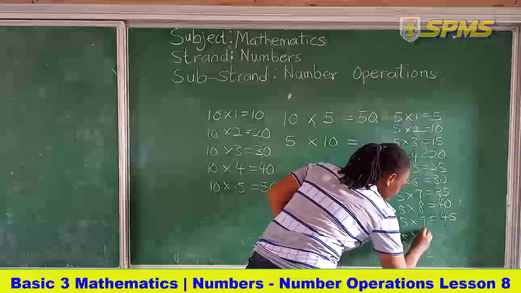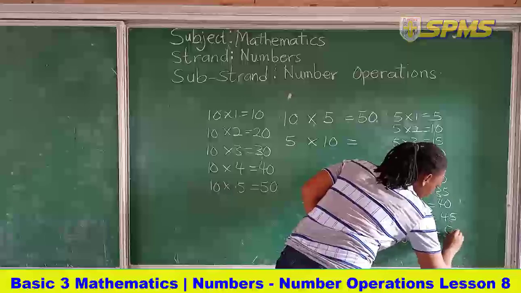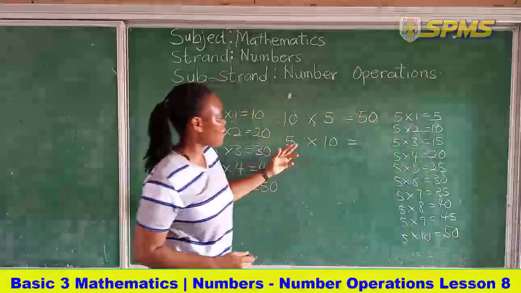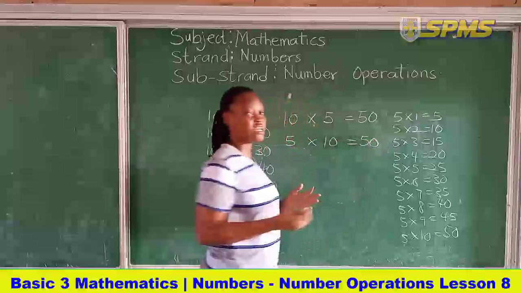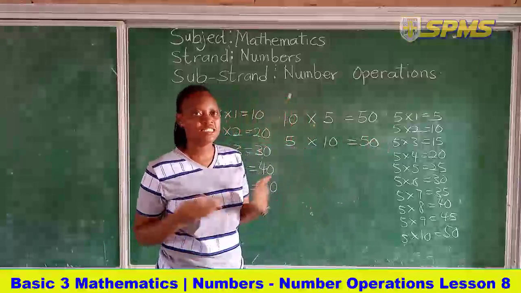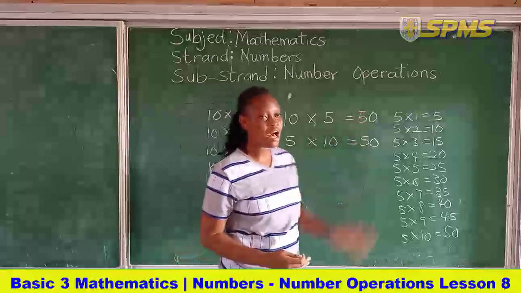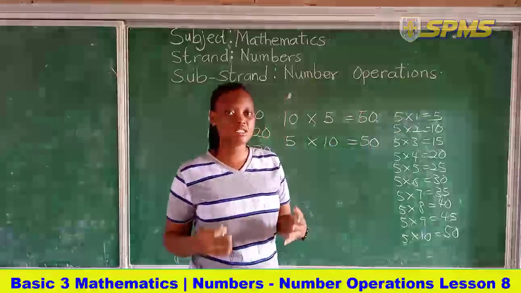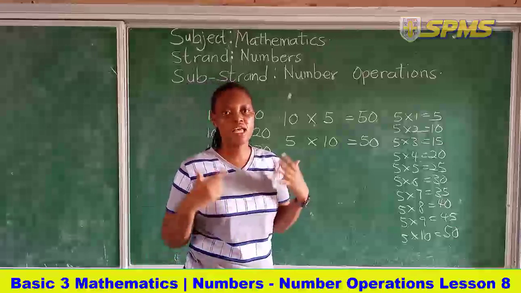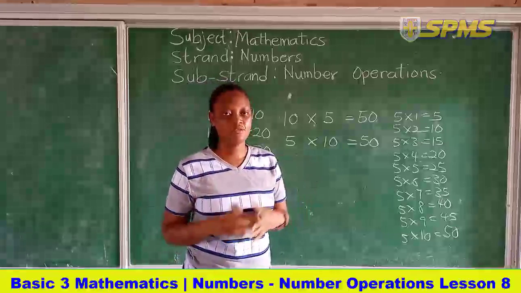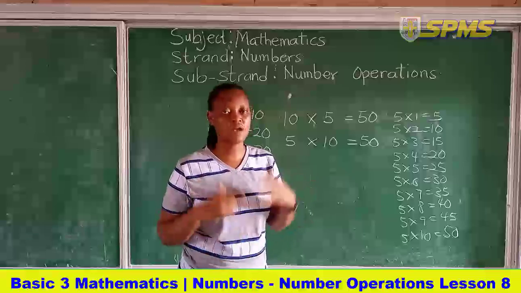And then 5 times 10, we have 50. So 5 times 10 gives us 50. Changing their positions didn't affect their answer. So this is commutative, the exchange of numbers resulting in the same answer.